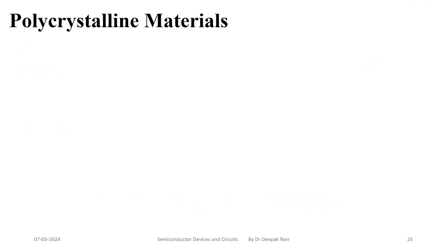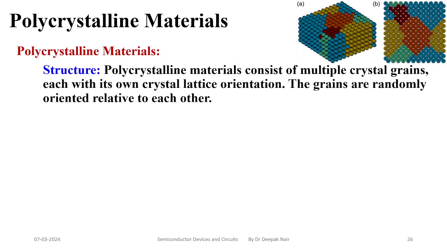Similarly, we have another type of materials which are called polycrystalline materials. In these materials, they have multiple crystal grains. They don't have a single type of crystal grain, rather they have multiple crystal grains. Each crystal grain can have its own crystal lattice orientation.